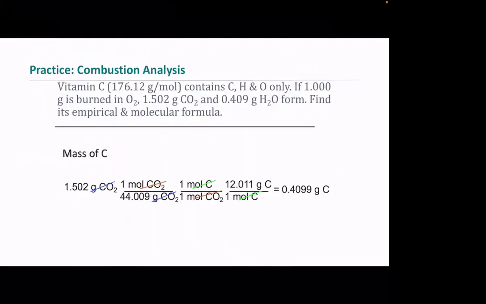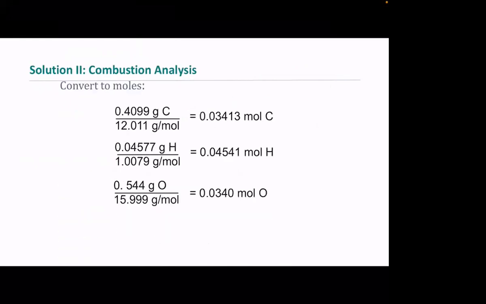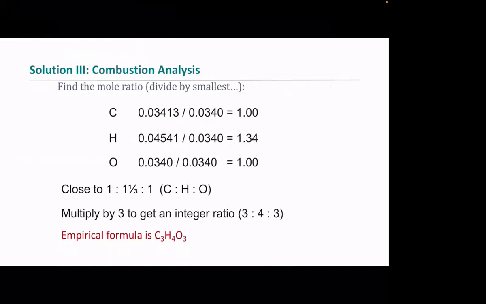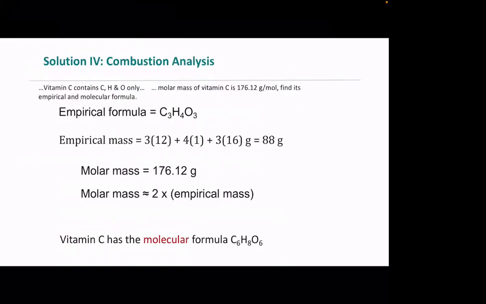We still have combustion analysis left, and an empirical formula example. Combustion analysis will take quite a bit, so we're going to do this example, and that's what we'll end with.